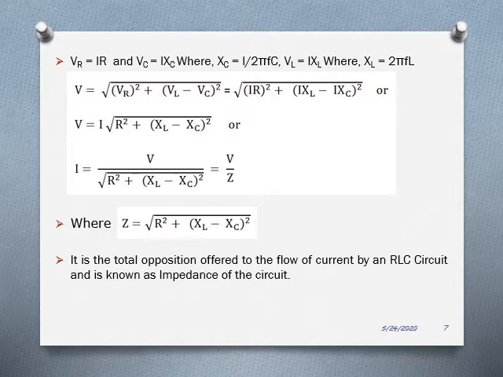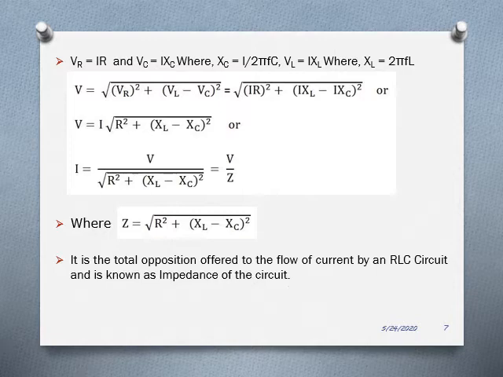So, V is equal to square root of VR square plus VL minus VC, because the circuit is behaving more inductive in nature. That is the first case that we have assumed. Therefore, you should write it as VL minus VC the whole square. So, substitute for VR, VL and VC, you get it as square root of IR the whole square plus IXL minus IXC the whole square.